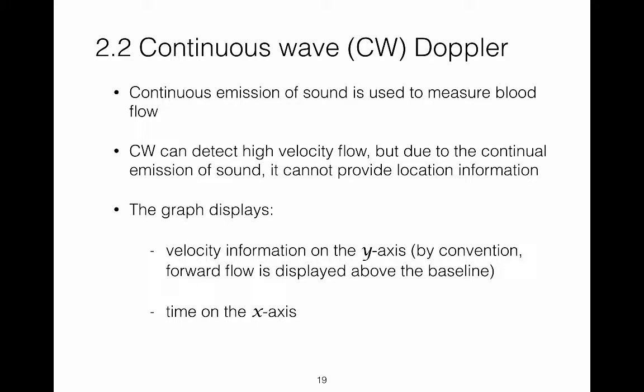By convention, on the CW graph, the display is as follows. Velocity information is displayed on the y-axis, and like pulse wave, flow towards the transducer is displayed above the baseline, flow away from the probe below the baseline. Time is displayed on the x-axis.